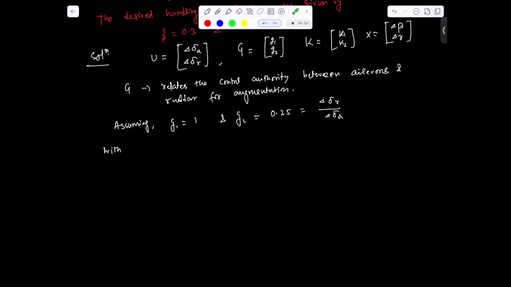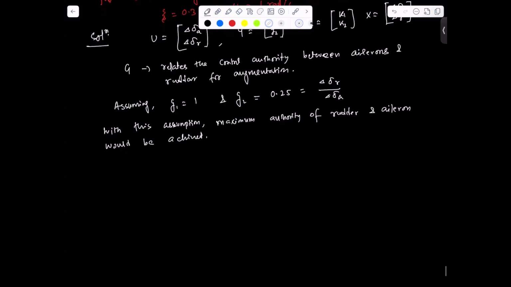So with this assumption, the maximum operating range of rudder and aileron would be achieved.